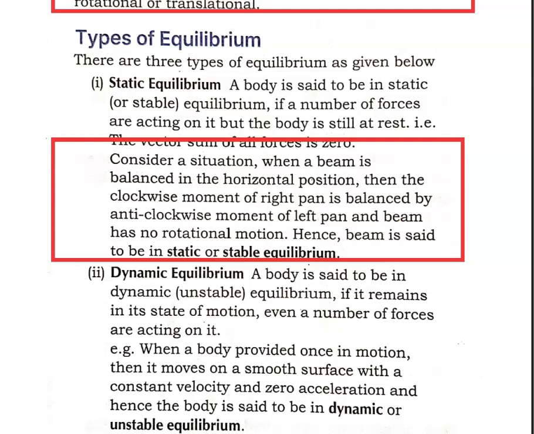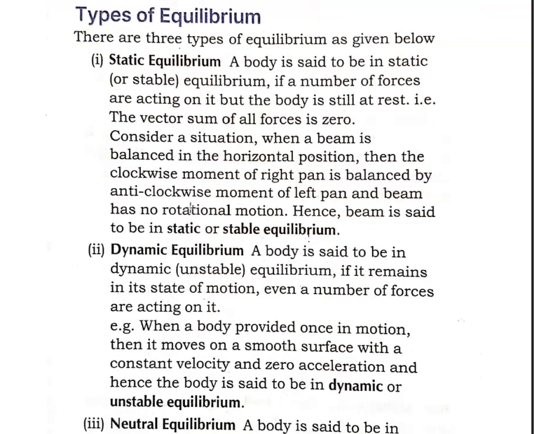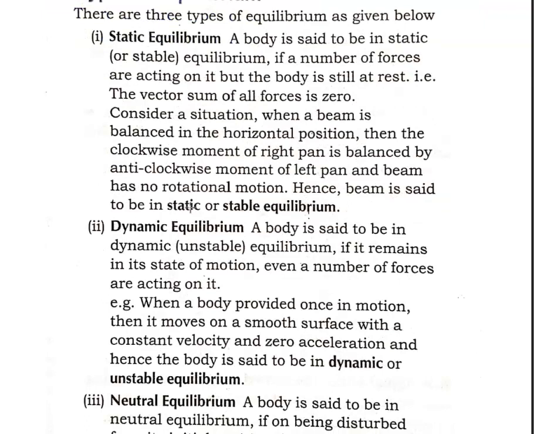Another kind of equilibrium is dynamic equilibrium. When we use the word dynamic, we mean the object is in motion. It is not static, it is in motion. A body is said to be in dynamic equilibrium if it remains in a state of motion even when a number of forces are acting on it.